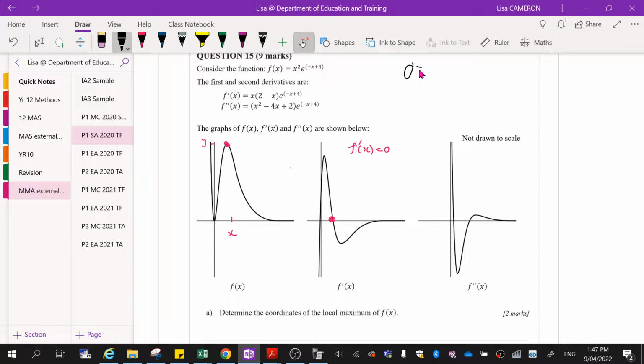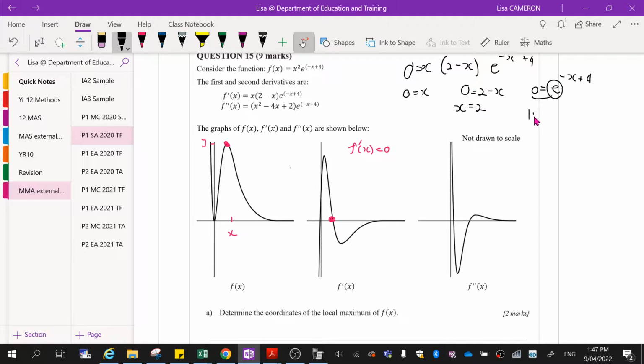So 0 is equal to x(2 minus x)e to the power of minus x plus 4. So the first one is going to be that. Then we'll have 0 is equal to 2 minus x, which means that x is equal to 2.